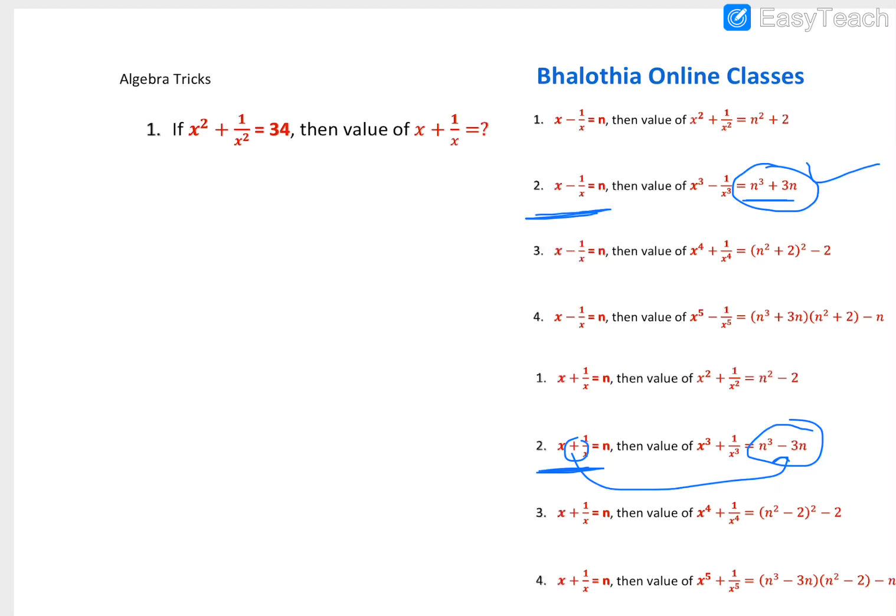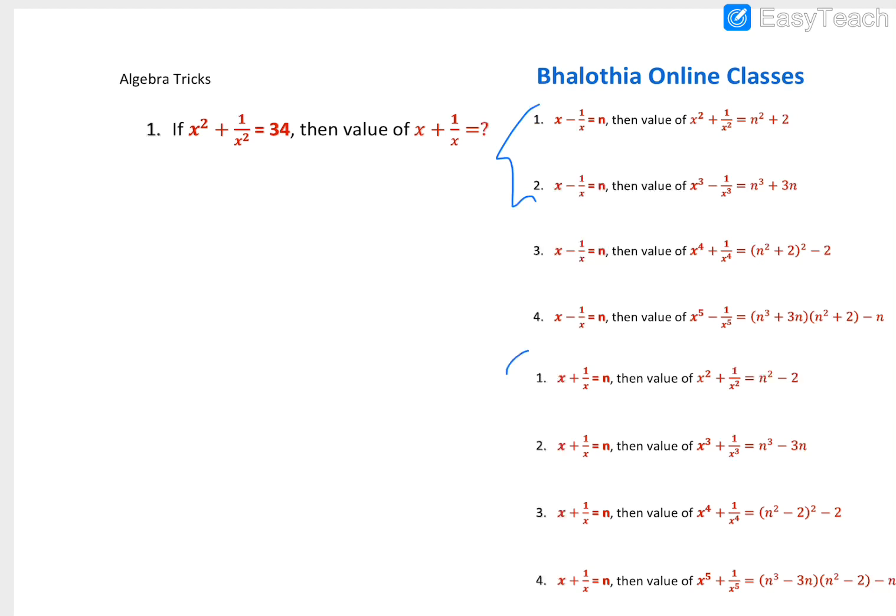For the cube, keep in mind that n raised to the power 3 minus 3n is for plus, and n raised to the power 3 plus 3n is for minus. For minus we put plus, and for plus we put minus in the formula.